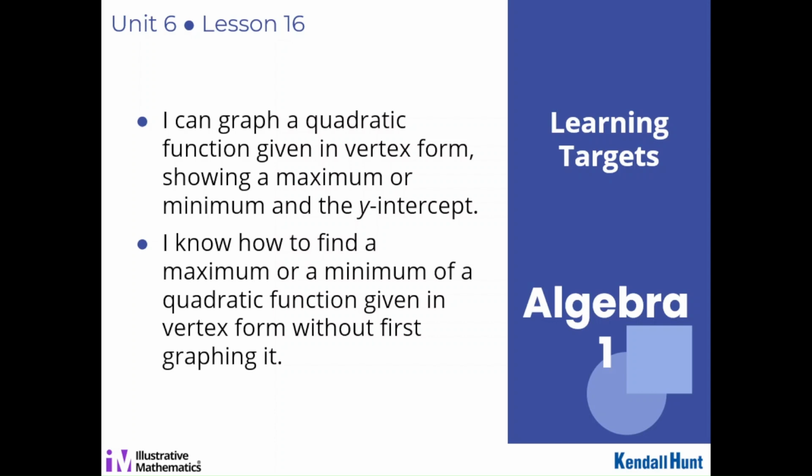Once you find that point, you can plot it, and you'll know based off of your a, if your a is positive, then your parabola is opening upward, and your vertex is a minimum. If your a term is negative, then your parabola is opening downward from there, and your vertex is a maximum.